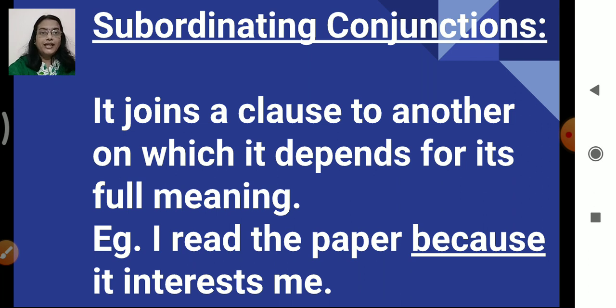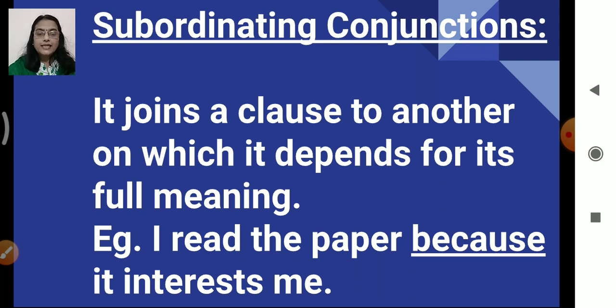Now the subordinating conjunctions. What is their work? It joins a clause to another on which it depends for its full meaning. That means when you read the sentence, you will find that the other part of the sentence is depending on the first part to have its complete meaning.